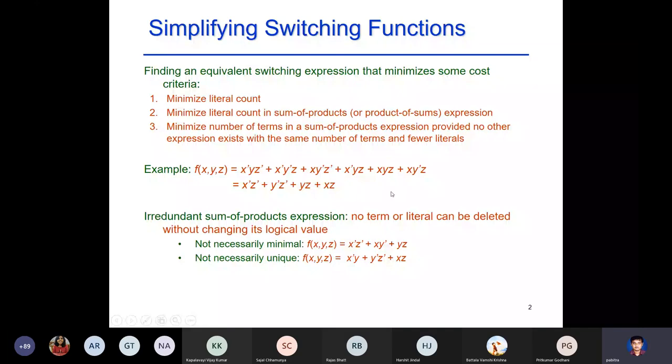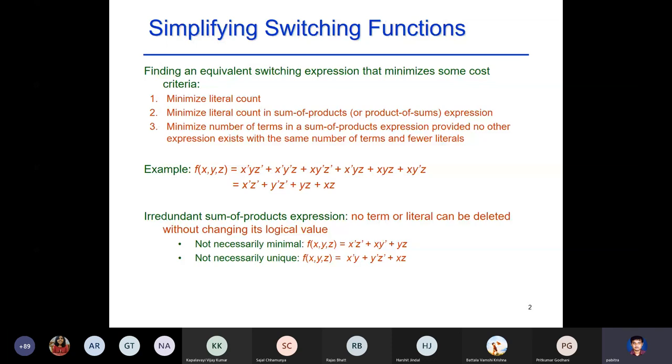It is a product of the variables, product of the literals rather. They would be called a min term. For example, this is a min term, this is a min term, and so on.